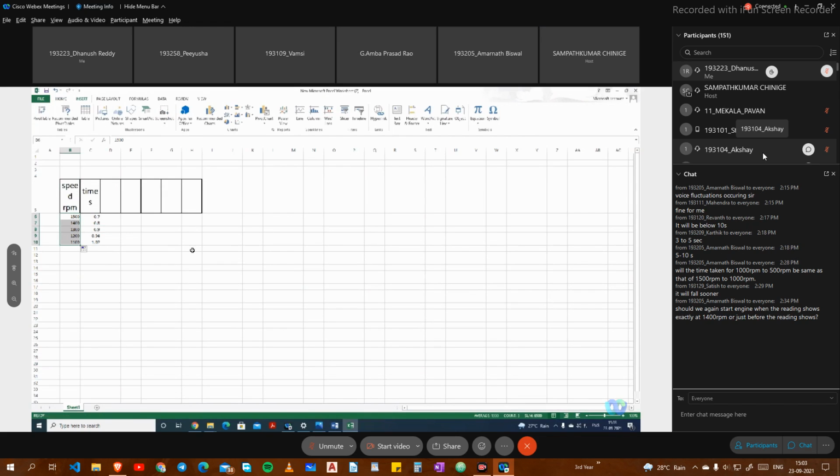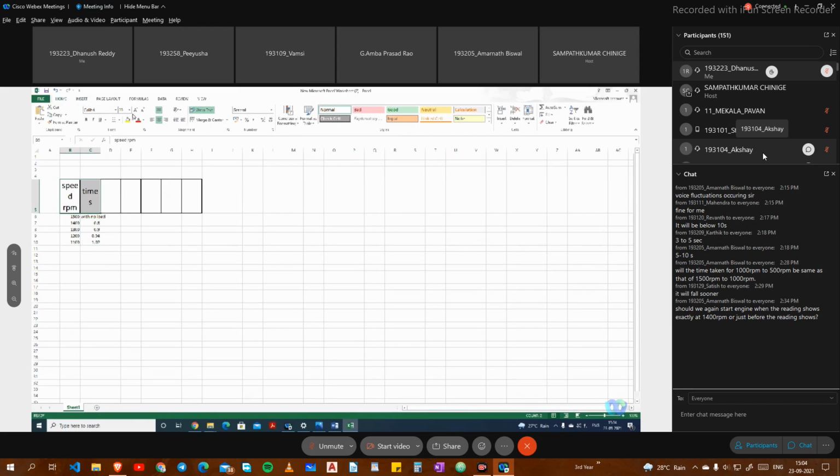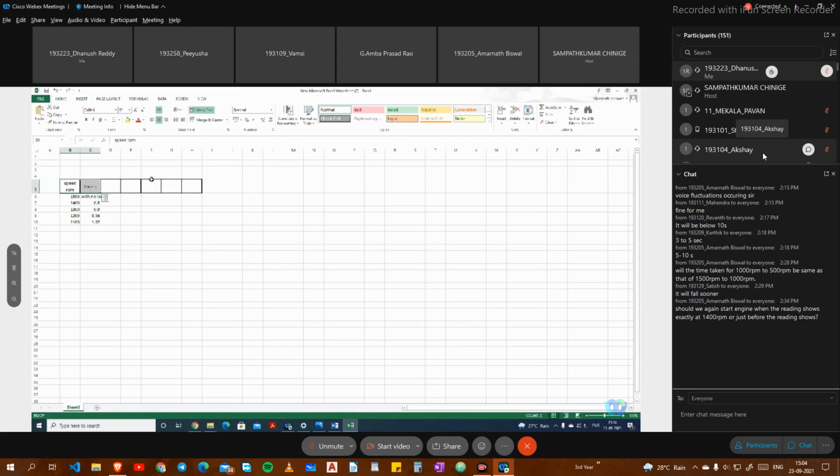For example, this is the curve with no load, time in seconds, time with no load. It will be steep, the second one.